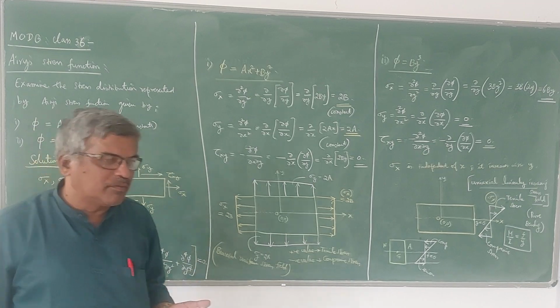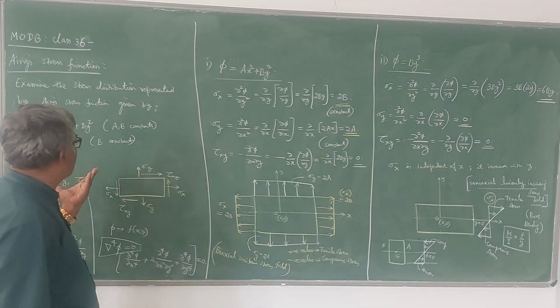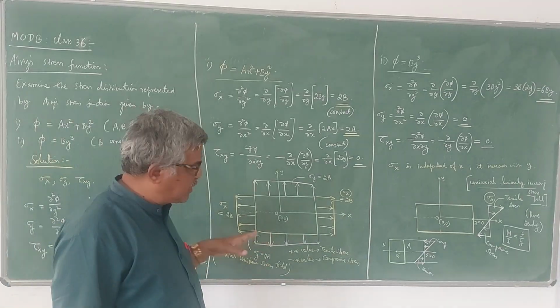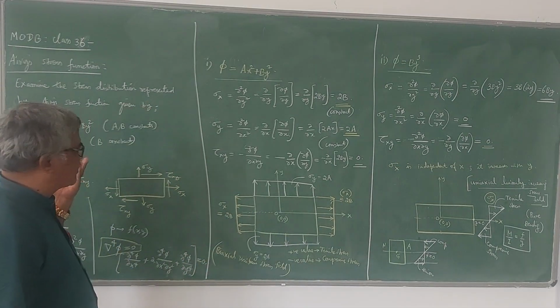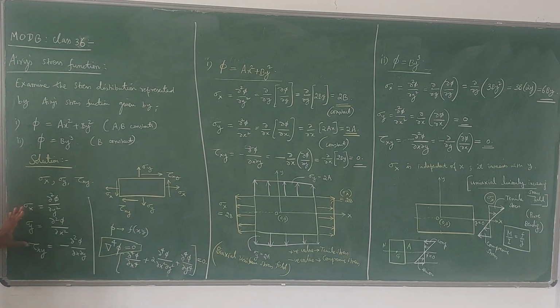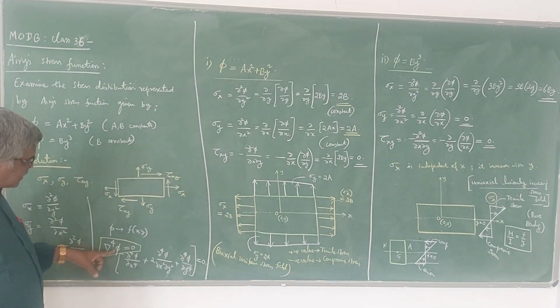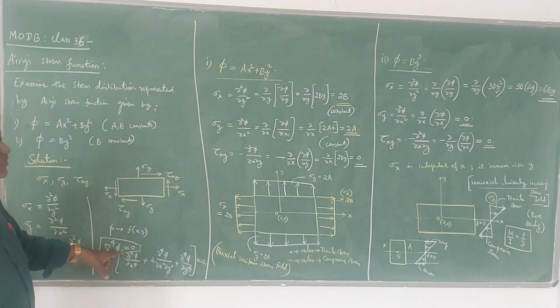You can refer to the problem which I have done in the earlier video for the same Airy's stress function. I have taken a different stress function and I have plotted all the 3 stress components in that problem. So this is how, if an Airy's stress function is given, you can always compute these 3 stress components in Cartesian coordinates. You can check whether that phi function satisfies the equation del power 4 phi equal to 0. If it satisfies this equation, then phi is an Airy's stress function.